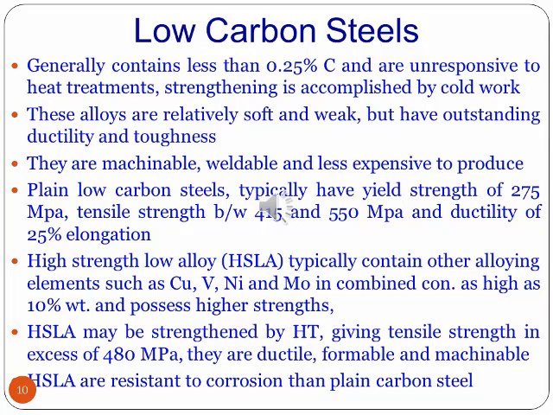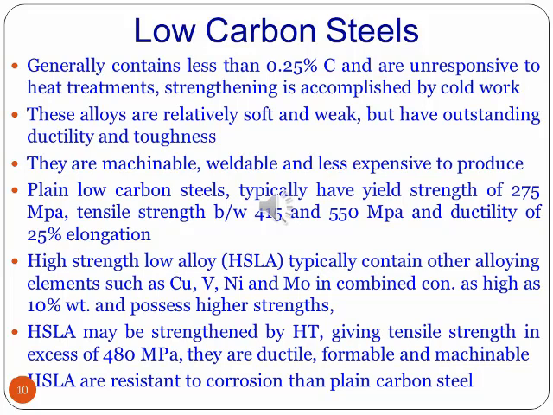They are machinable, they can be welded easily, they are less expensive to produce. Plain carbon steels have yield strength of approximately 275 megapascals and tensile strength will vary between 415 megapascals to 550 megapascals and ductility of 25% elongation.